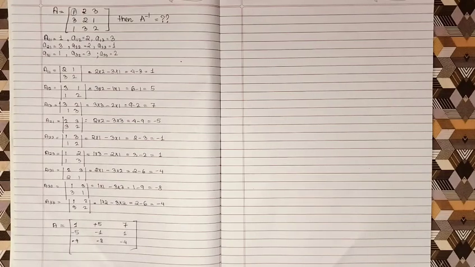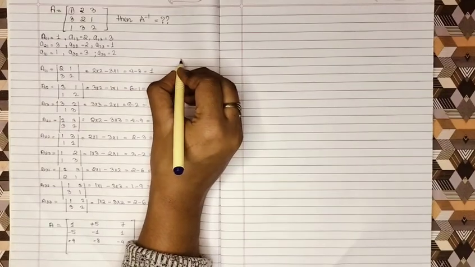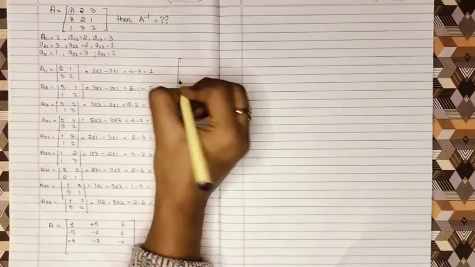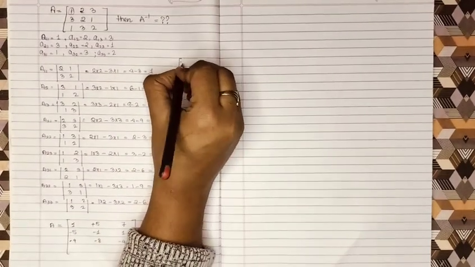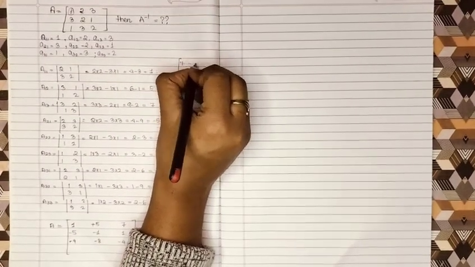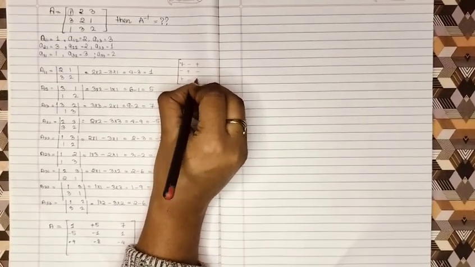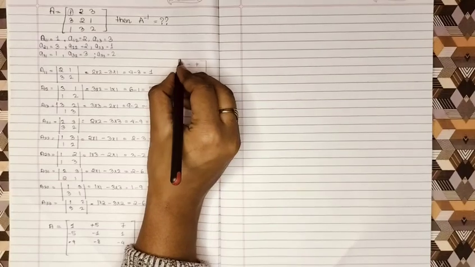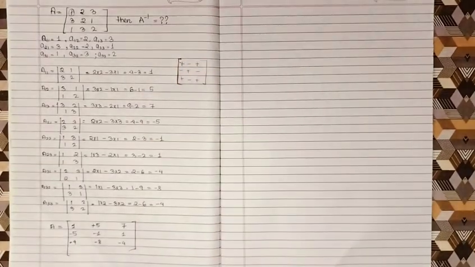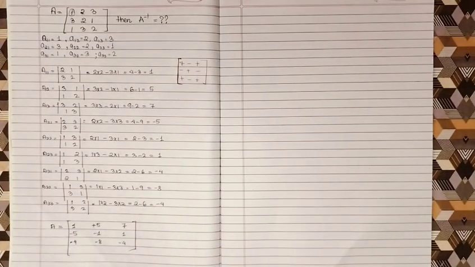cofactors of A. Now one thing needs to be remembered: while counting the cofactors, the signs of some numbers get changed. The sign pattern is plus minus plus, minus plus minus, plus minus plus. So these are the terms whose signs get changed.